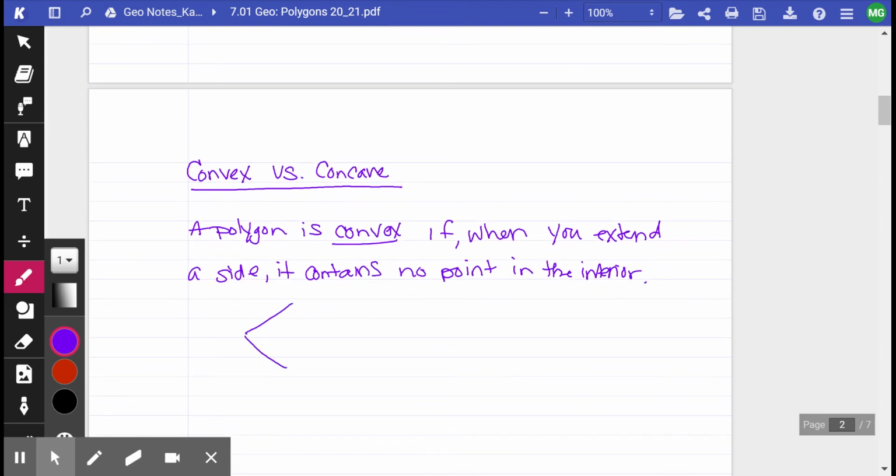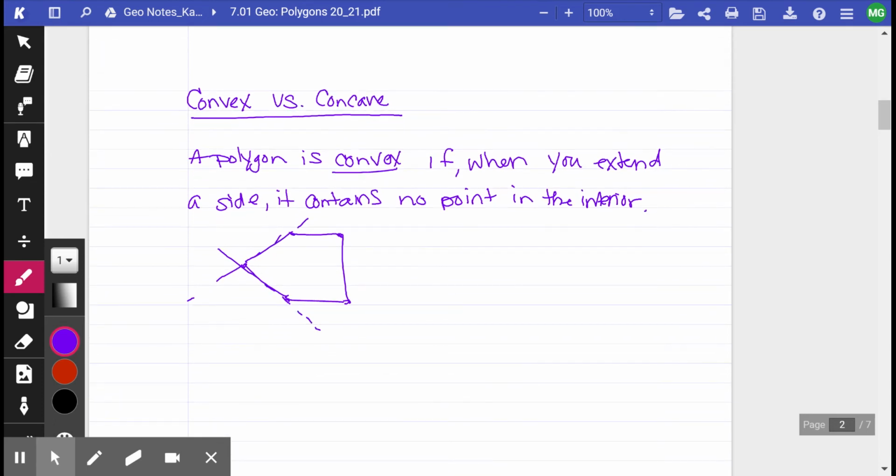So for example, here, if you extend any side, it doesn't cut through the figure. That tells you it's going to be convex.